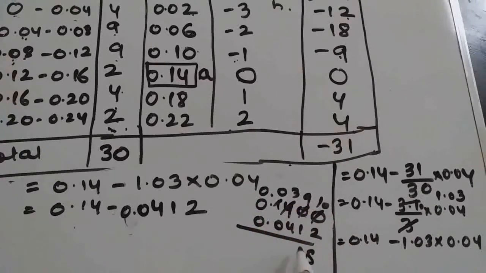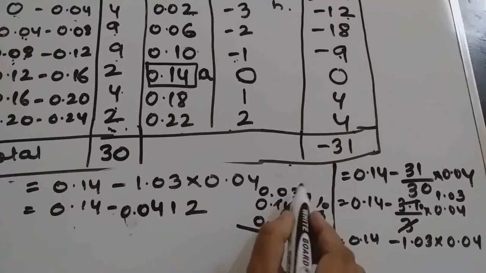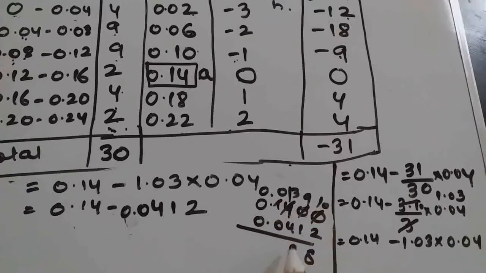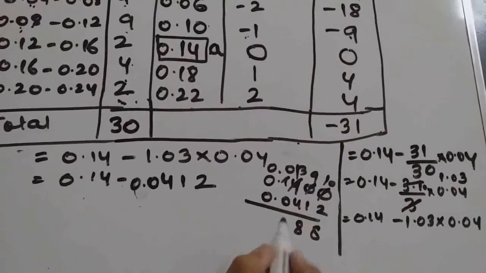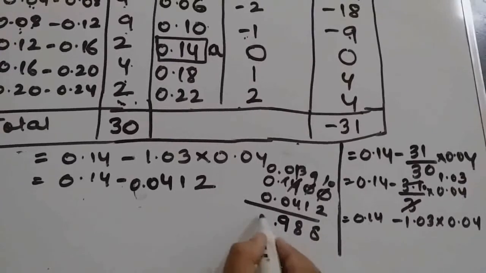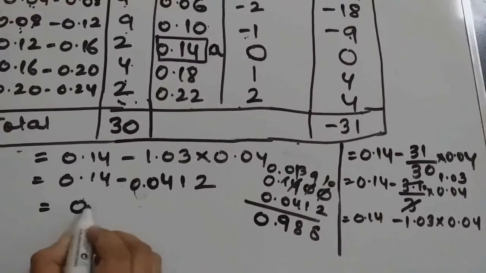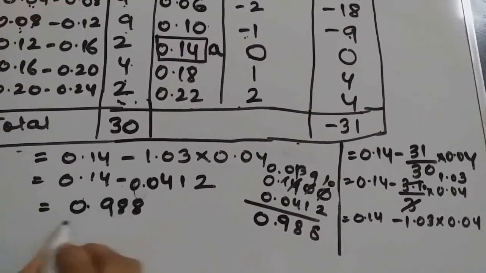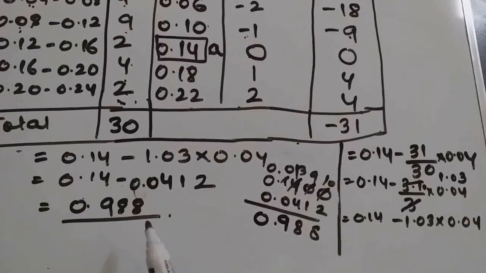So 8, this will become 13, so 9, 0, so 0.0988 will come. So the unit is also given. You can add units also, in parts per million, that is ppm.